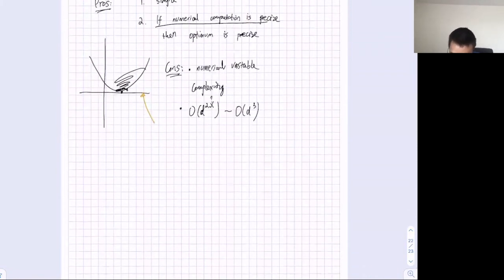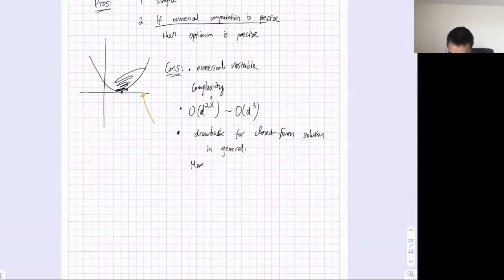The other drawback, not necessarily for MSE, but for closed form solutions in general, is that they're usually rare.